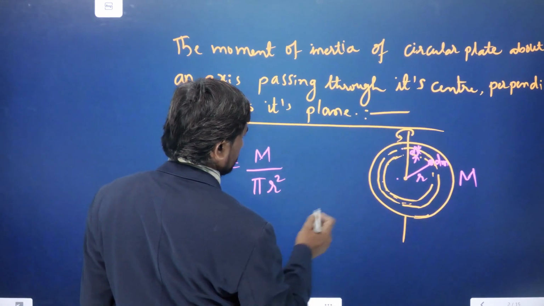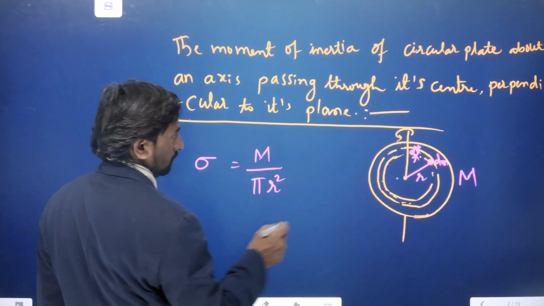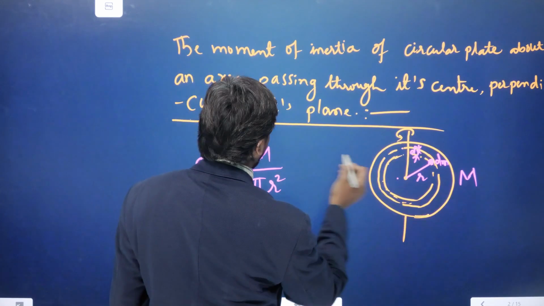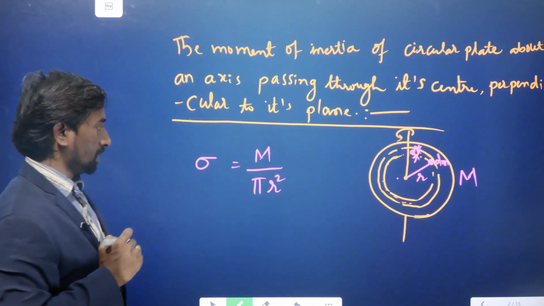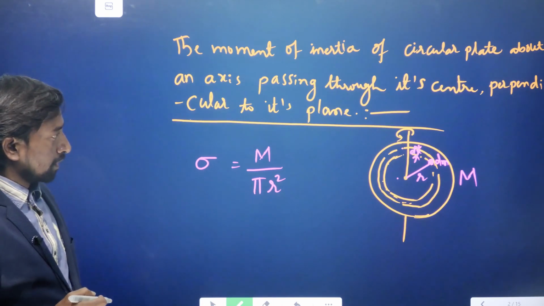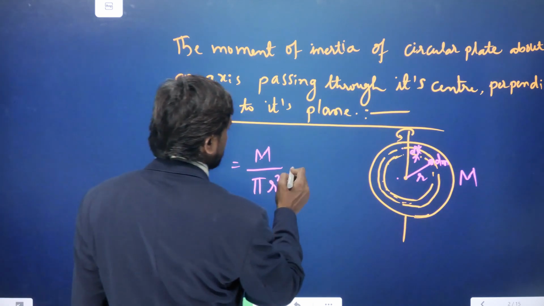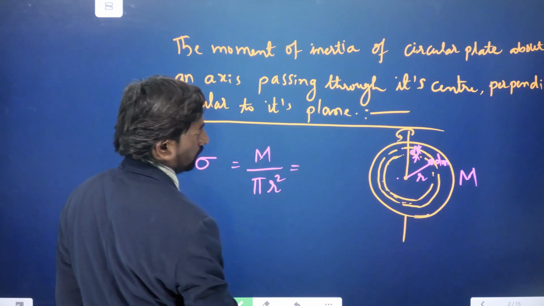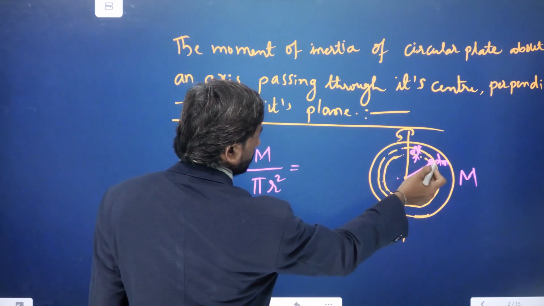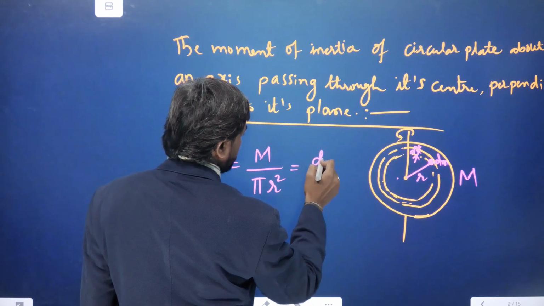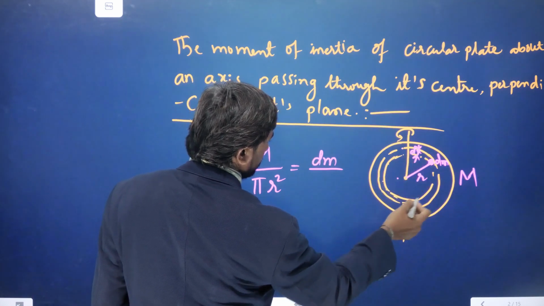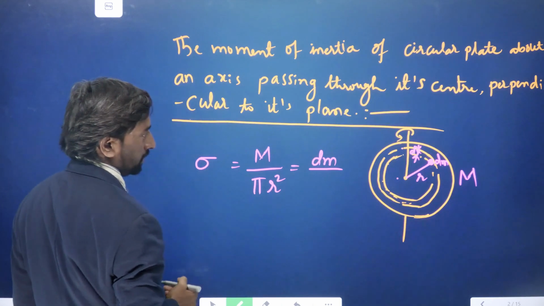The mass of the circular plate is capital M and the area of the circular plate is pi r square. Now this is equal to the small mass, this dm, the differential mass, divided by the differential area.